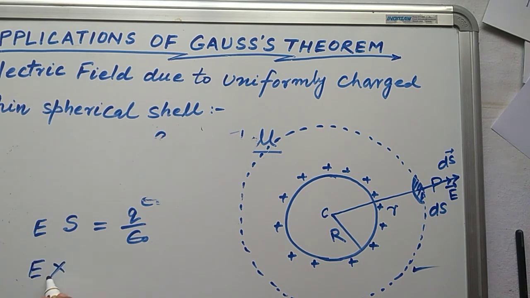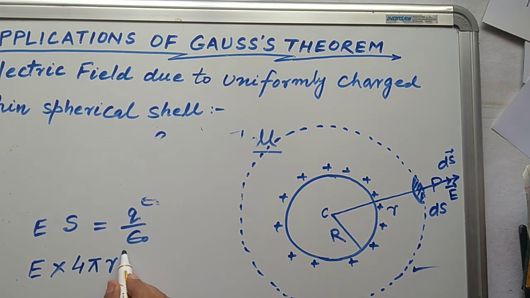S is the surface area of the Gaussian surface. What is the formula for the surface area of a Gaussian surface which is in spherical shape? The surface area of a sphere having radius r is 4 pi r square, equal to q by epsilon naught.